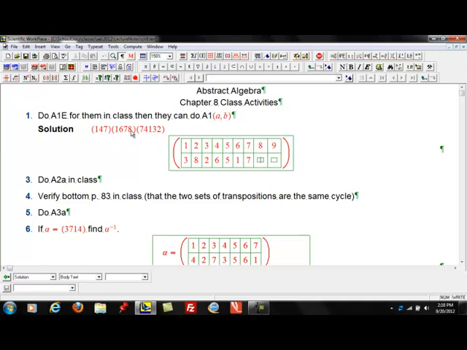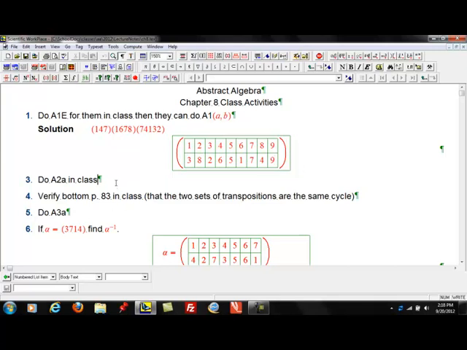Tell me about 8. 8 goes to 1, 1 goes to 4. And there's no 9, so 9 goes to 9. That's how you do products of cycles. It's starting to make sense? If you don't understand products of cycles, this entire section is lost.